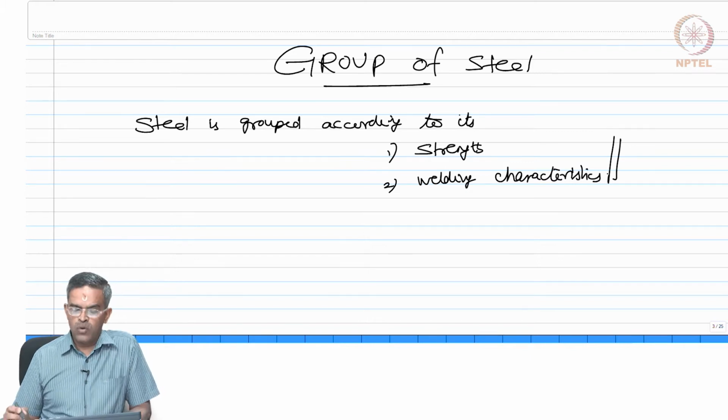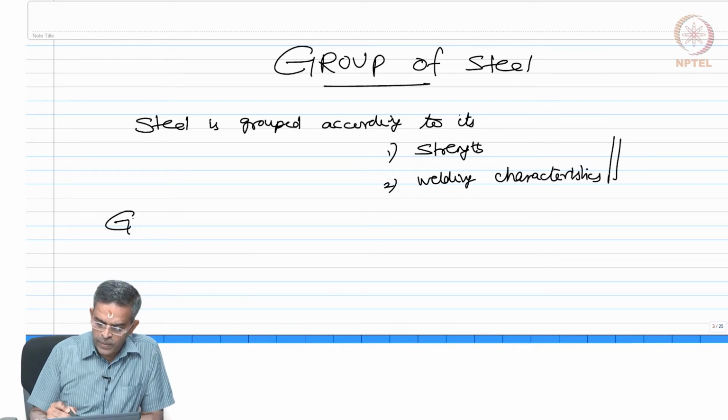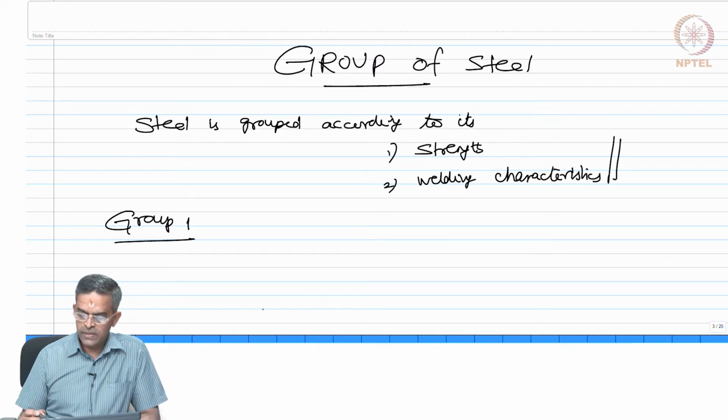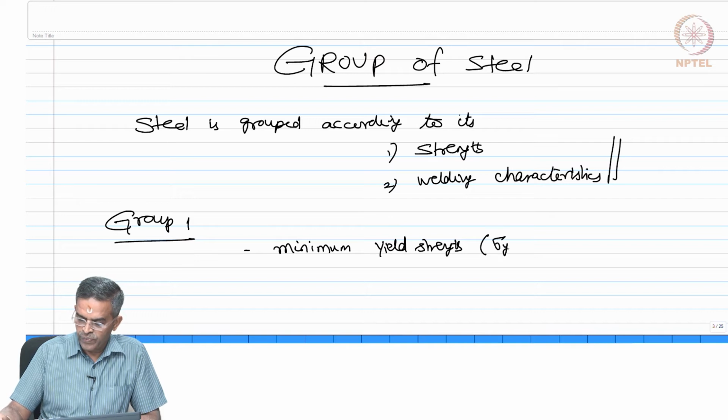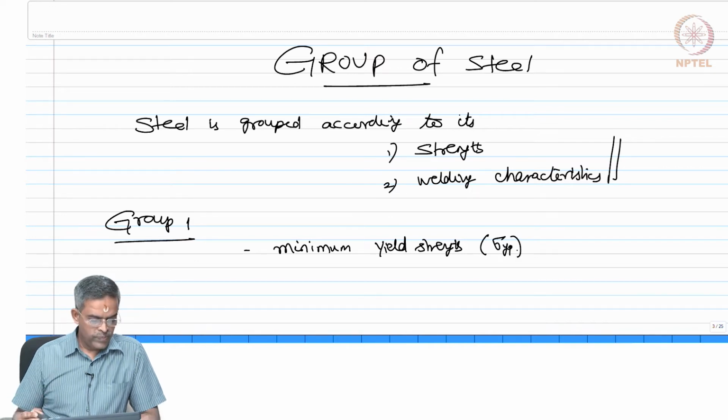Let us see how they are grouped. Group 1 states those steels which have a minimum yield value of 280.